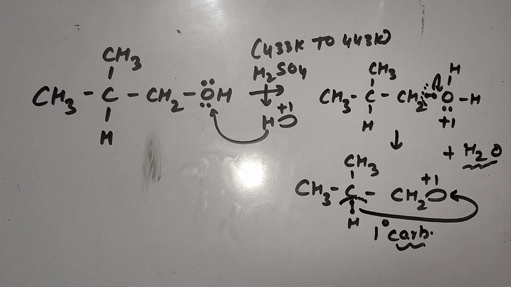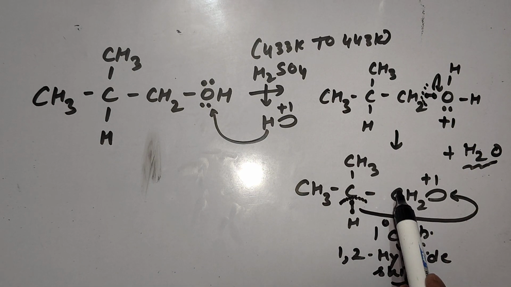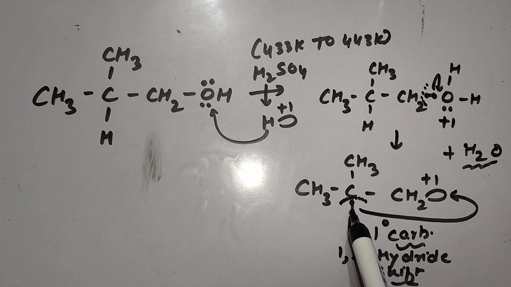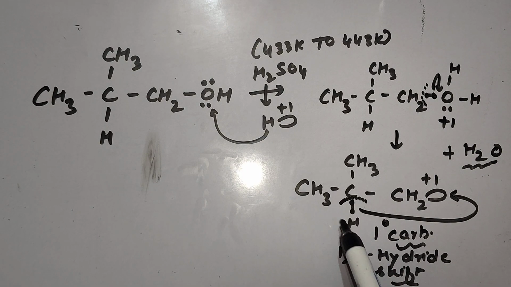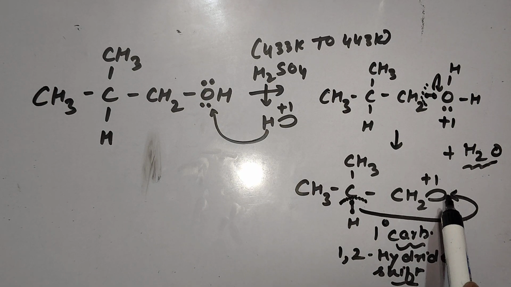Now this shift is known as 1,2 hydride shift. According to position, first, second, so 1,2 hydride shift is there. Hydrogen is taking these electrons with it, so that's why we are calling it hydride. And this pair of electrons will make a bond with this vacant orbital, a dative bond.